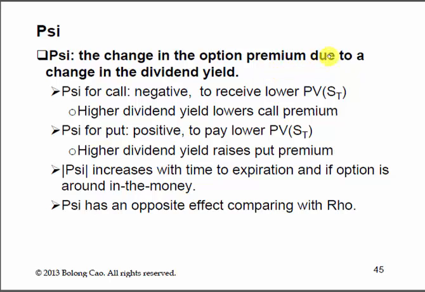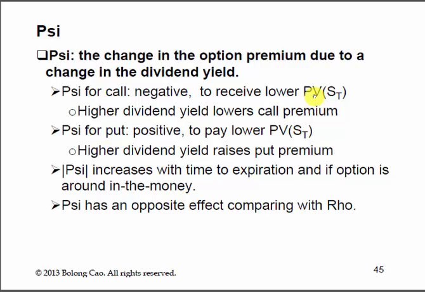Psi is the change in the option premium due to a change in the dividend yield. Psi for call is negative because during the life of the call, if you have a lot of dividend payout, it will make the terminal value of the stock lower. That is more likely to put the call out of the money.